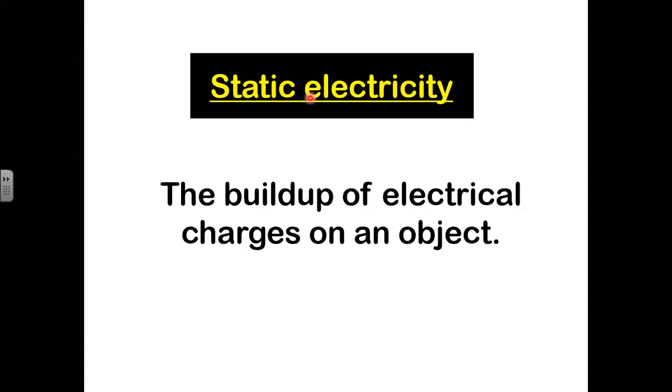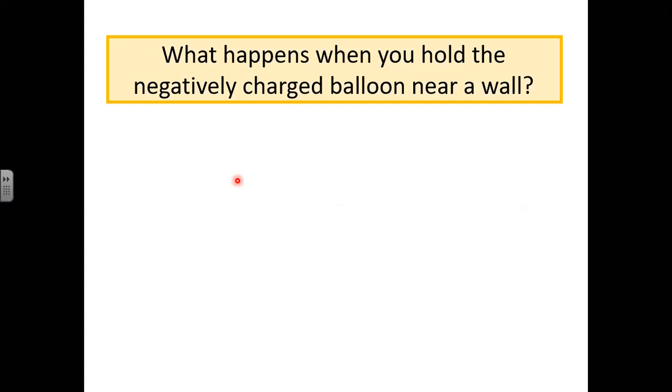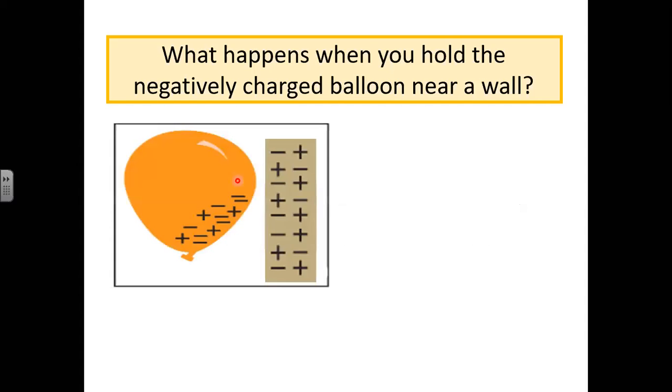Okay. So the build-up of electrical charge on an object is called static electricity. And it's static because it does not move. As long as it's on the object, it will not move around, unless, of course, you rub it against something. How do we see static electricity?